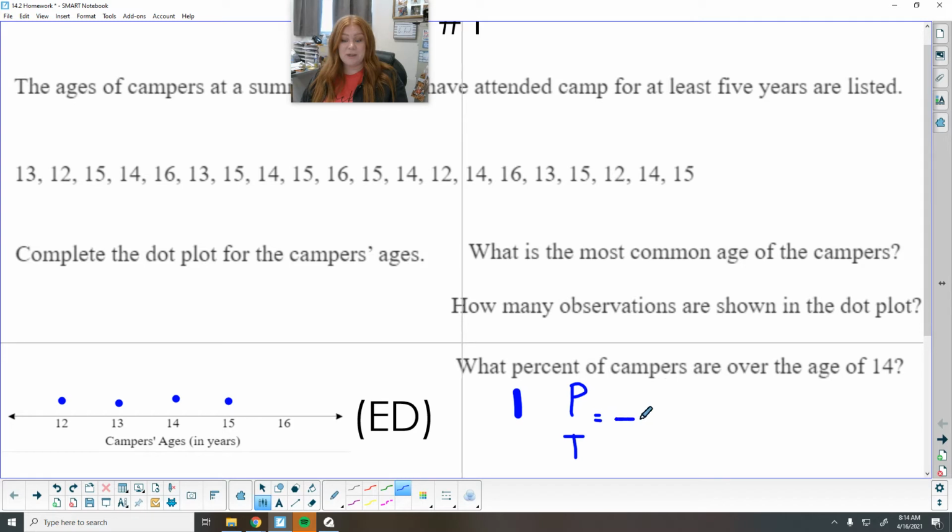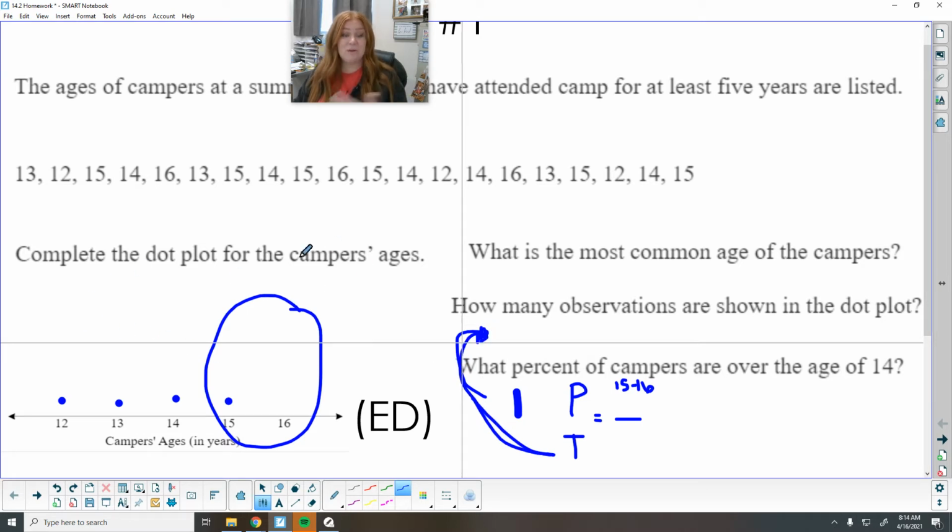You're going to count all of the kids that are 15 and 16, and that's going to go here. Your kids that are 15 and 16 are the part, and the total comes from that previous question.